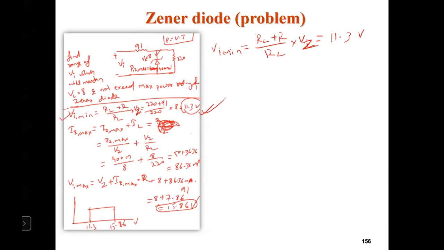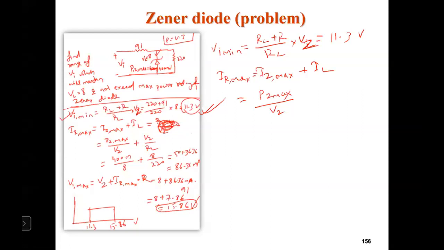Next, in the same manner, you can find your IR max. IR max is equal to IZ max plus IL. This IZ max is not given here, but PZ max is given. The voltage across this Zener diode is VZ, and the maximum power is given by PZ max, so dividing gives you IZ.